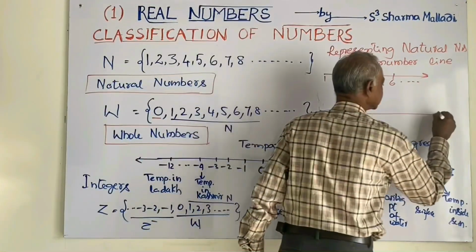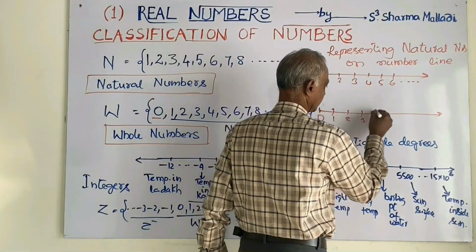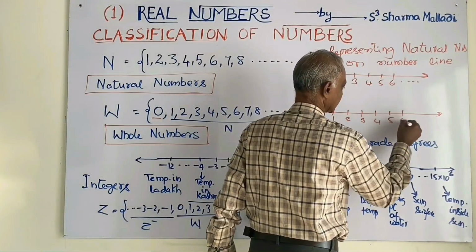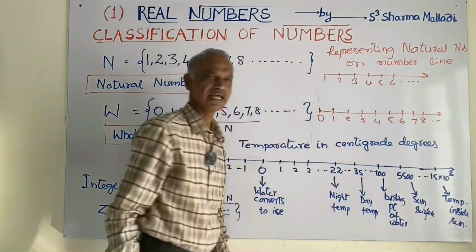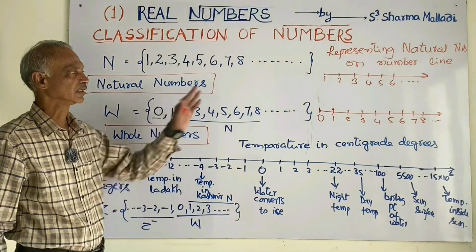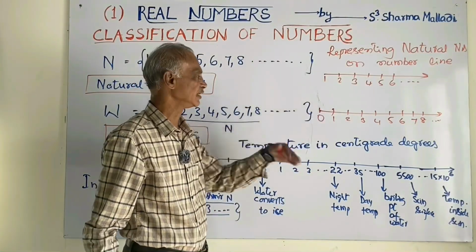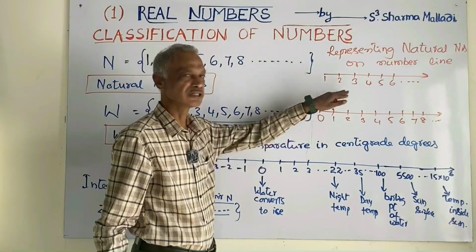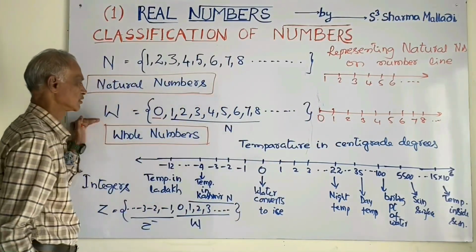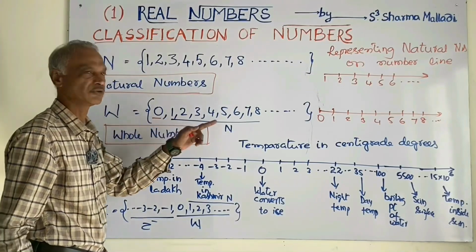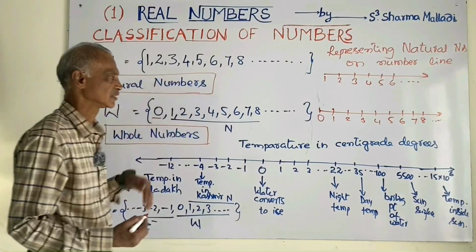See, 0, 1, 2, 3, 4, 5, 6, 7, 8 and so on. Natural numbers are represented by 1, 2, 3, 4, 5, 6 on a number line like this, and natural numbers together with 0 are called whole numbers.